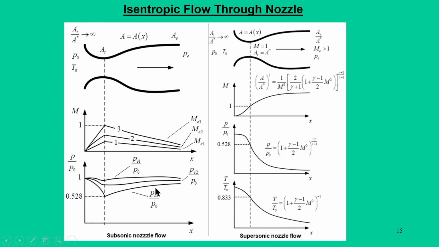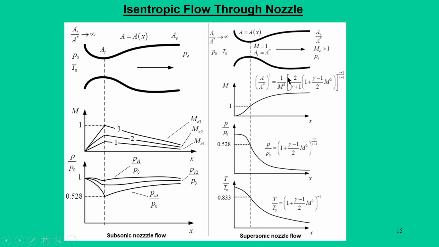Now, when this Pe3 becomes a fixed value, if I maintain Pe3 at a value which corresponds to the isentropic relation, that is P by P0 equal to 1 plus gamma minus 1 by 2 M squared, to the power minus gamma by gamma minus 1, that means at one particular instant the exit pressure is Pe, and at this exit pressure we have a Mach number Me that is fixed.